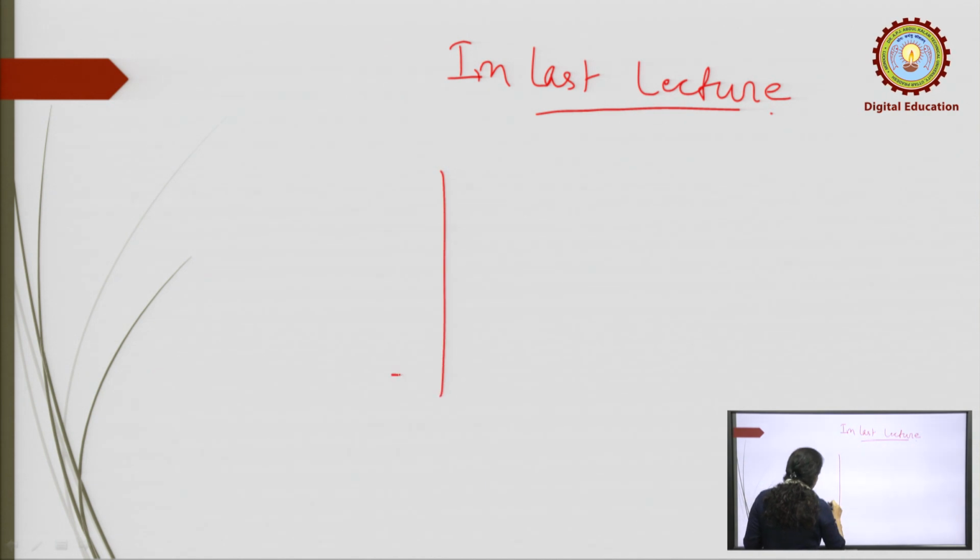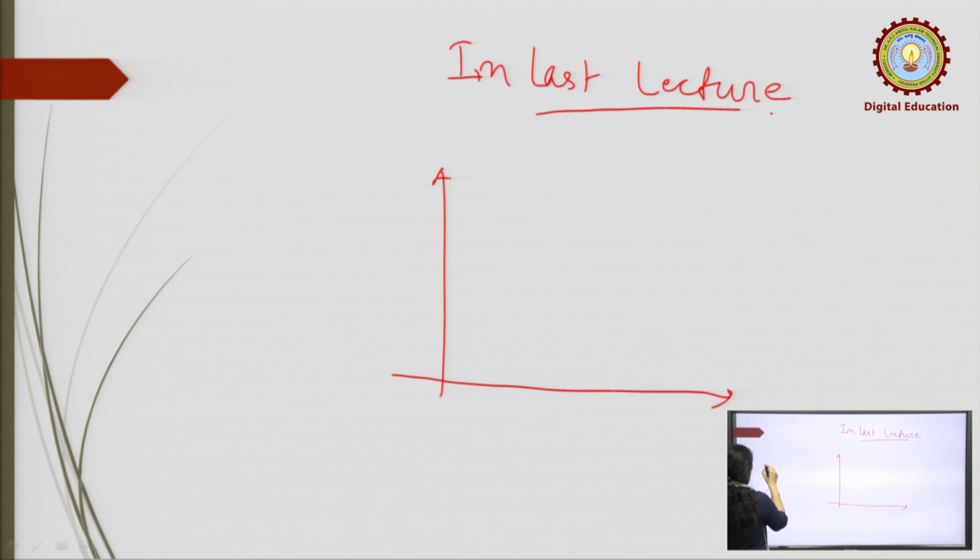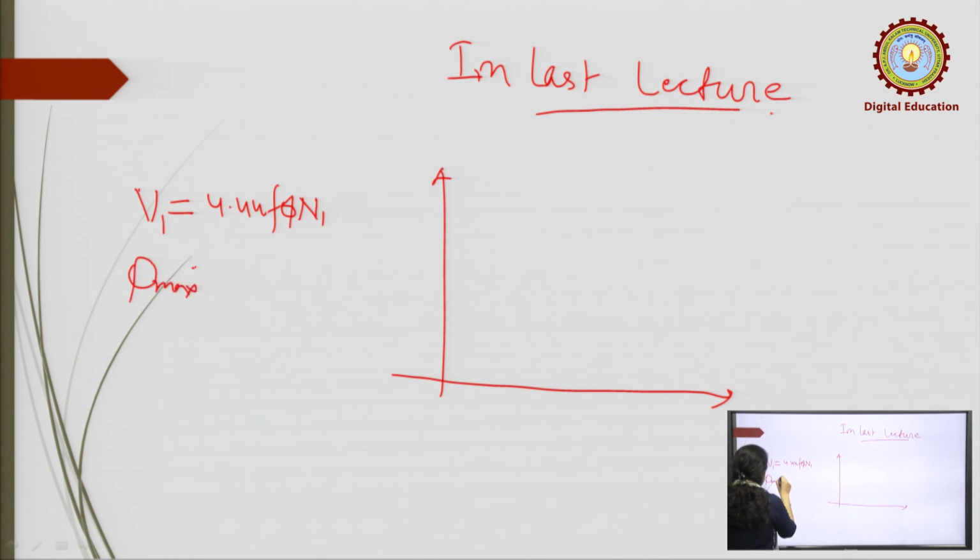We have seen the BH curve. If the supply voltage is V1, the phi maximum produced in the core is equal to V1 divided by 4.44 f N1.